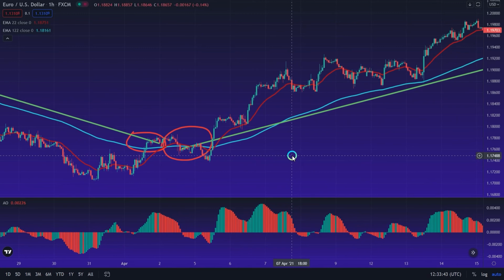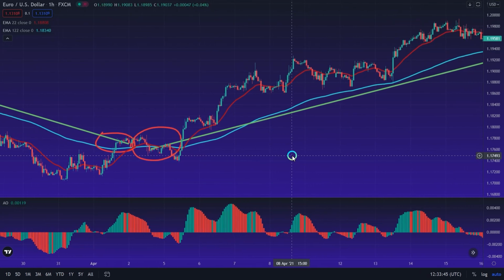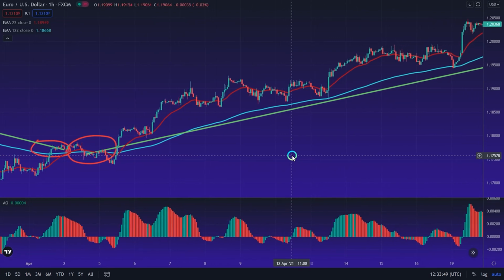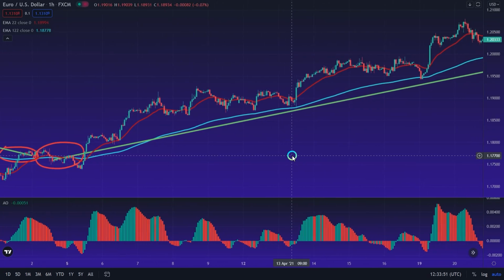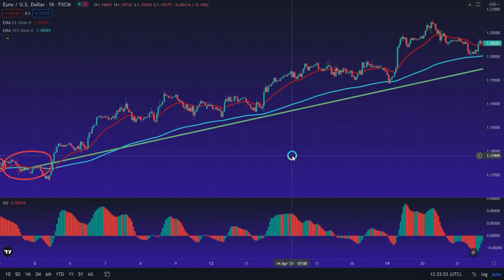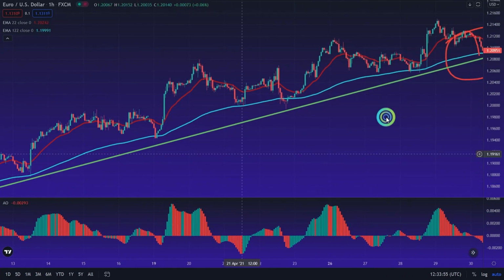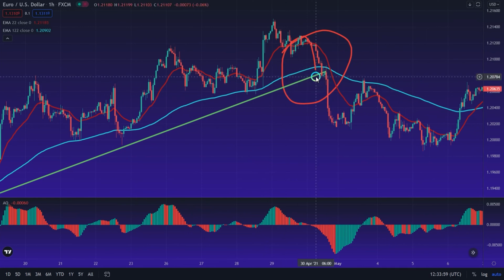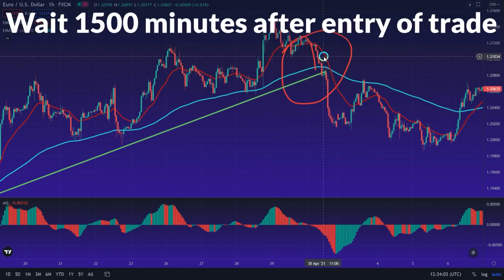Let's see. As you already see, we exit the trade there, and it is really important to note first that we have 3 conditions. The first condition is that you have to wait 1,500 minutes after the entry of the trade to actually be able to close the trade.